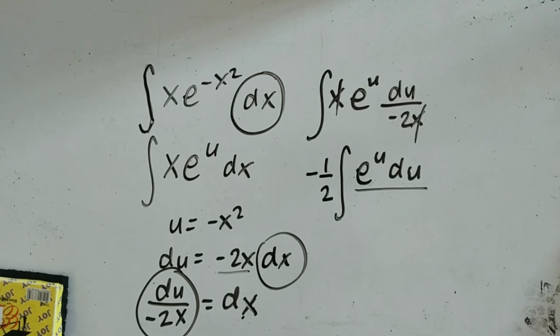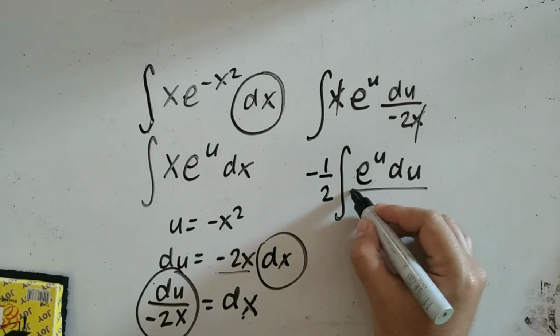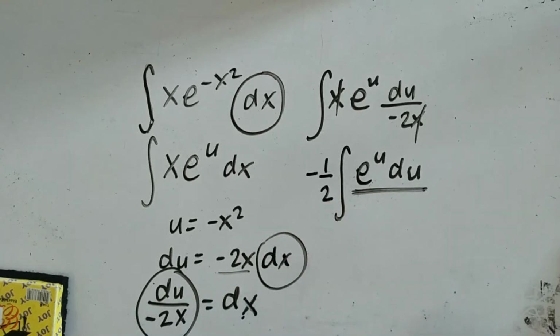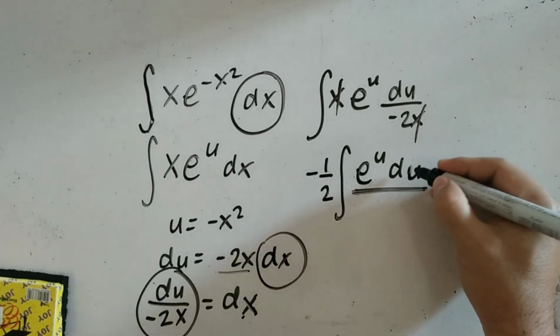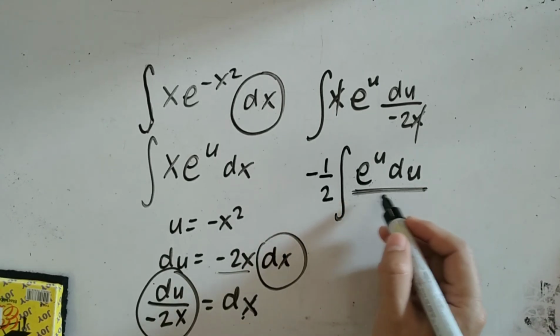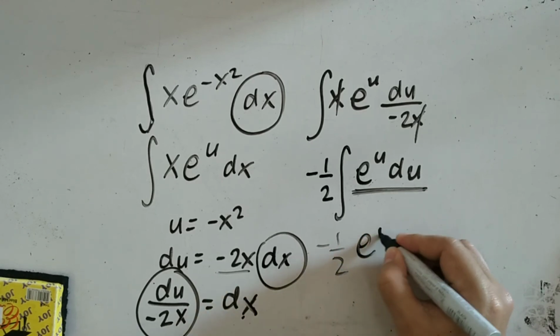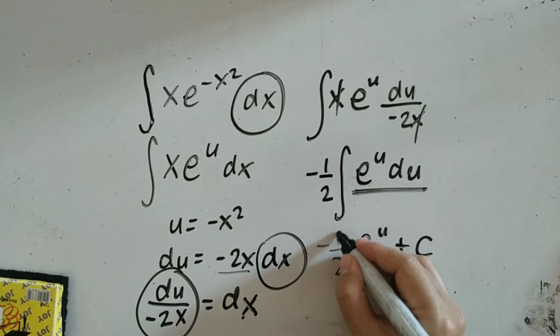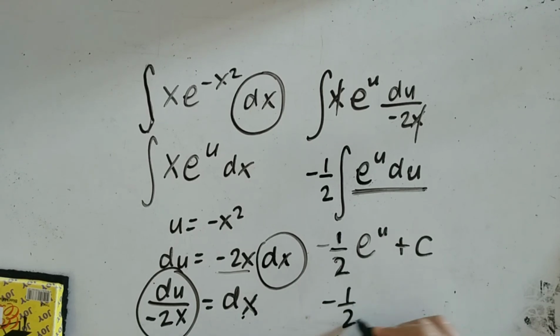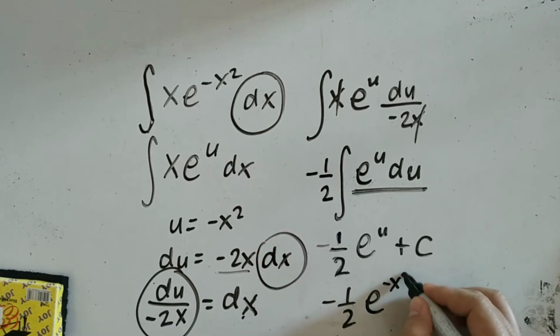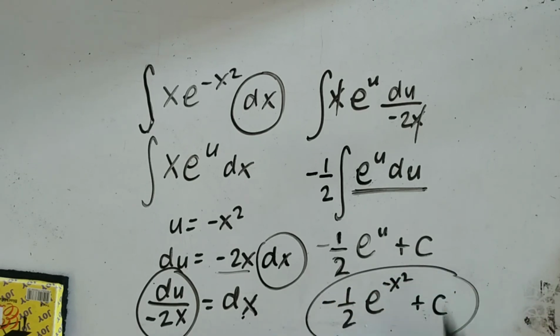The exponential function is unique in differential calculus and in integral calculus, such that it is the only expression where its integral or its differential is equal to itself. So negative 1/2, we have e to the u plus c, or we have negative 1/2 e to the negative x squared plus c. So you see that we obtain the same answer using a different process.